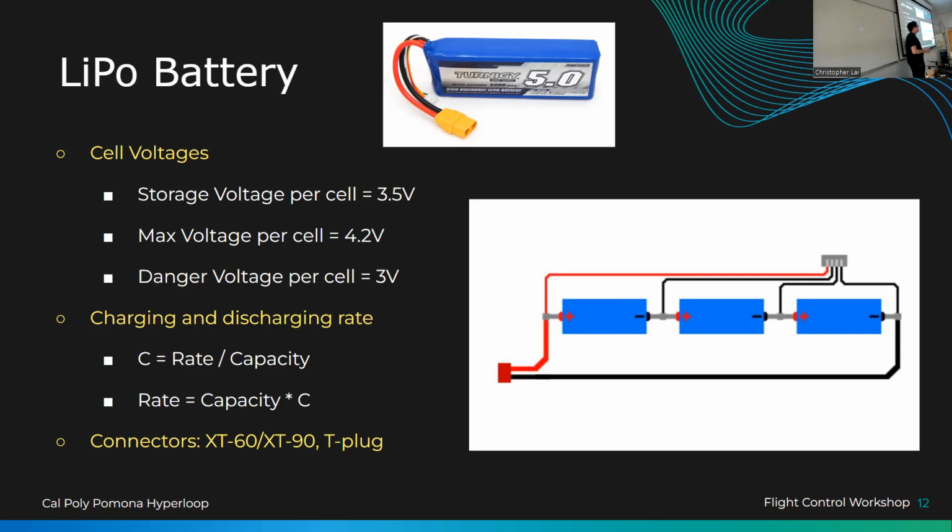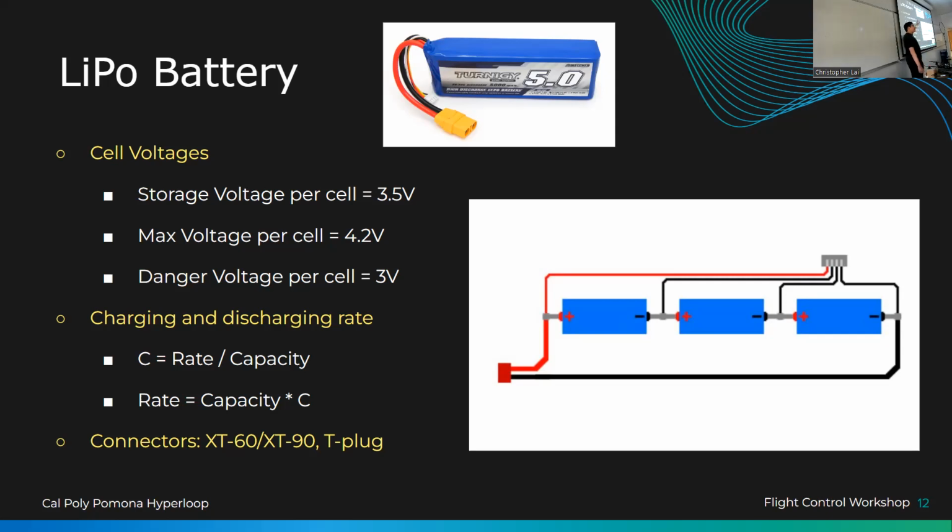Now, it's not good to store the battery at the maximum voltage all the time. So a lot of times the storage voltage is actually the safe one you want to go for. And these batteries have a storage voltage per cell of 3.5 volts, right? So if we have the storage voltage for a 3-cell LiPo battery, what's the full voltage going to be if we add up all the cells? 10.5. Yeah, exactly.